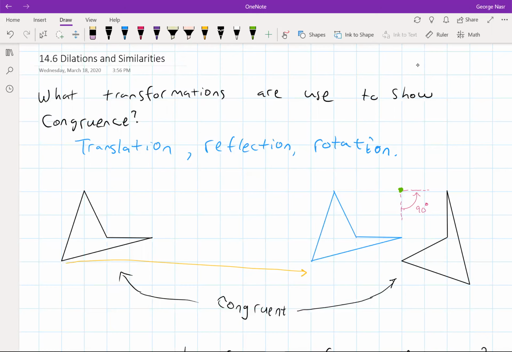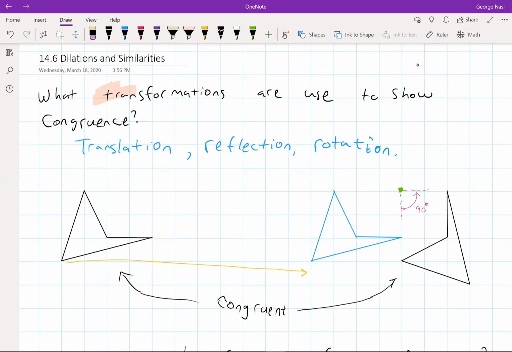Remember, the big picture is that congruence tells me shapes look the same and are the same size. Similarity says they look the same, but maybe they're not the same size. And when we first talked about congruences, we defined what it meant to be congruent in a really rigorous way.